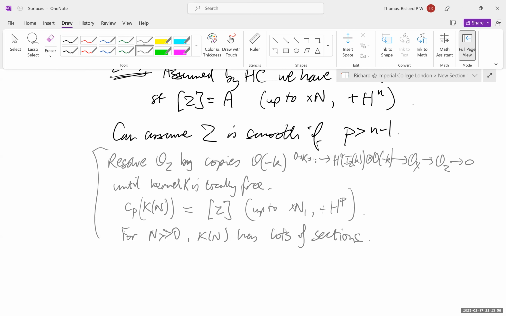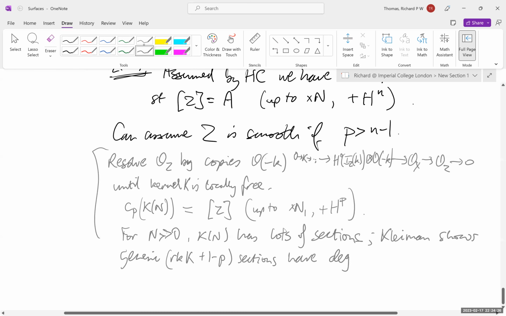It has so many sections that Kleeman shows that a generic choice of this many sections has degeneracy locus, that is where they become linearly dependent.